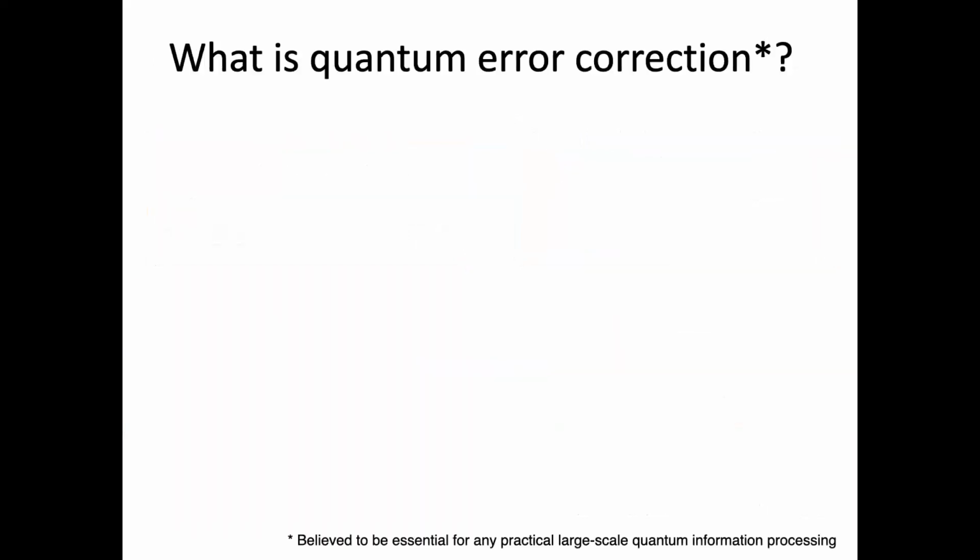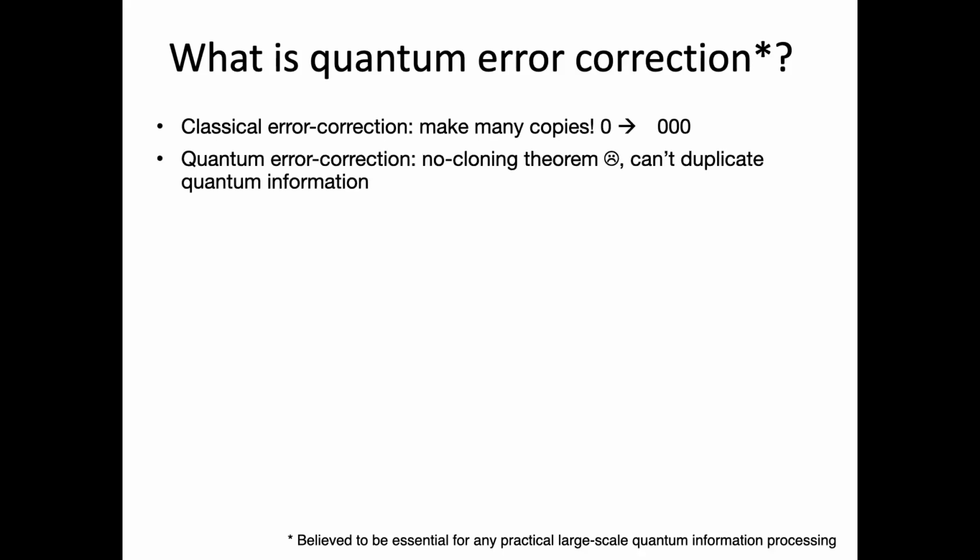This specific application is aimed at realizing quantum error correction. So what is quantum error correction? First off, it's something which most people believe will be needed if you want to have any kind of practical large-scale quantum information processor. It uses the idea of redundancy. But in a quantum system, you have the no-cloning theorem: you cannot duplicate quantum information.